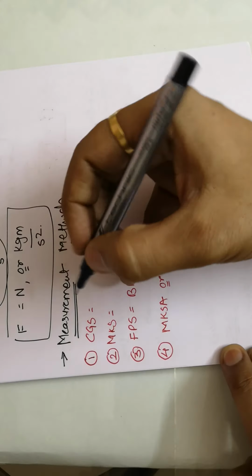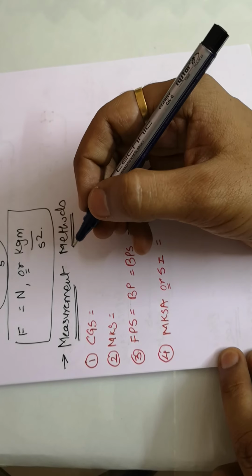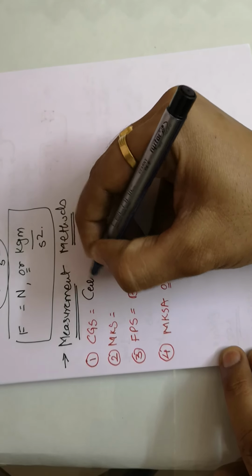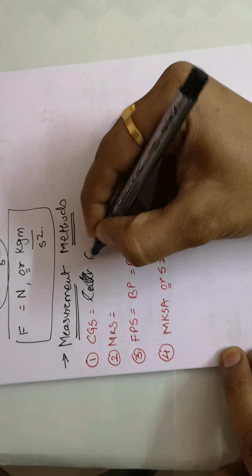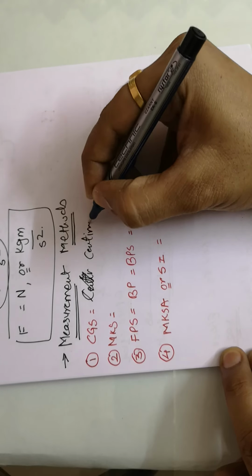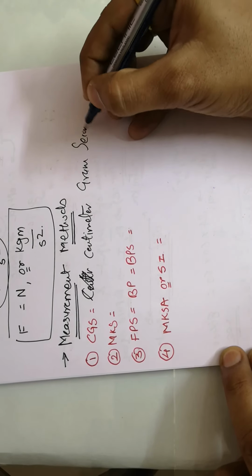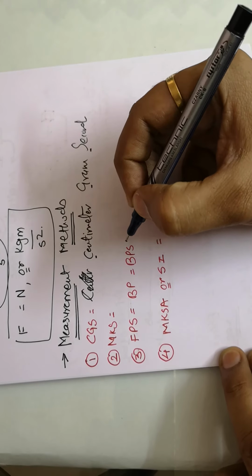What do CGS, MKS or FPS suggest? CGS, as its name suggests, is the centimeter, gram, and second method.